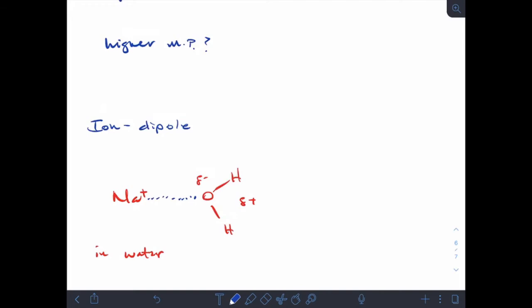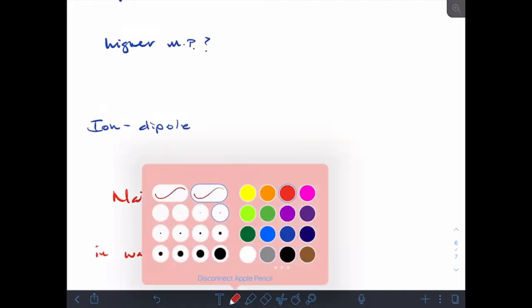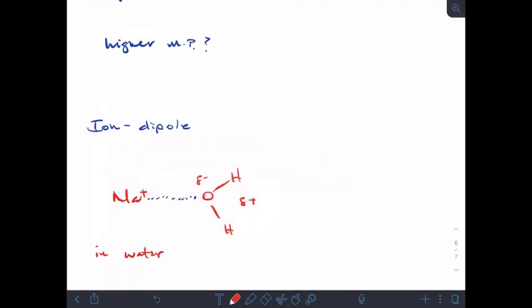Polar molecules have partial polarity. Ions, on the other hand, only have one half of the pole, so they're very, very attracted to things that are polar. And if I put some sodium chloride in my water, and over here I've got my chloride ion, I will have a very strong attraction to the positive side of the water molecule.